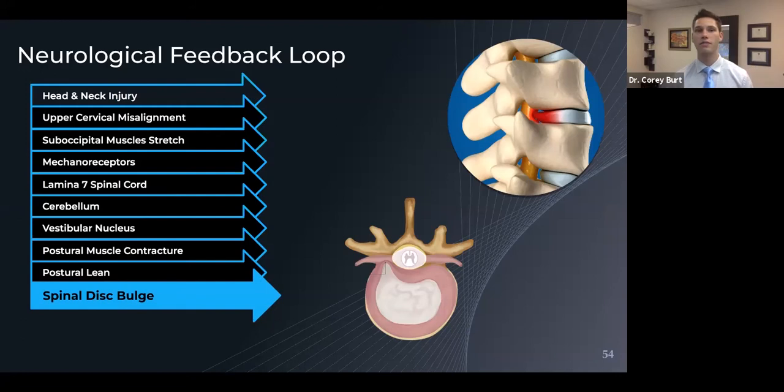But regardless, if you have symptoms or not, the brain knows exactly what's going on. So a small disc bulge, as in this case here, may just cause some local back pain. But if the disc is severely bulging into the sciatic nerve, yes, this is when you will see the sciatica, the pain, tingling, and numbness going down throughout the leg and sometimes even into the foot.